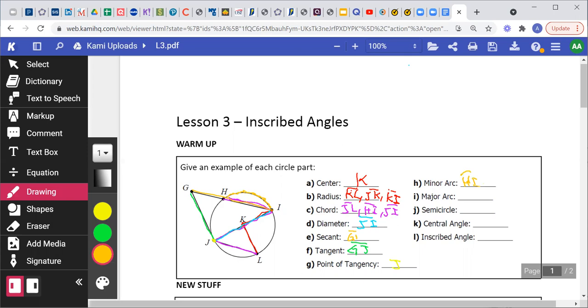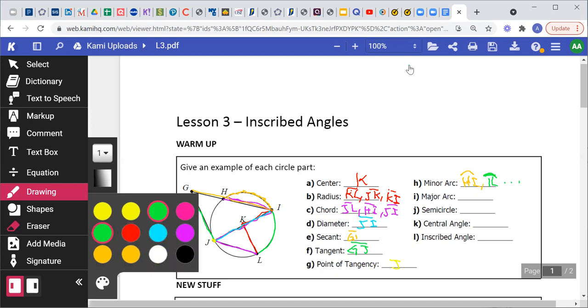To represent an arc, always put a cap. And we also have this as a minor arc, IL. We also have JL, JH. So I'm going to put 3 dots to show that we have many of them.